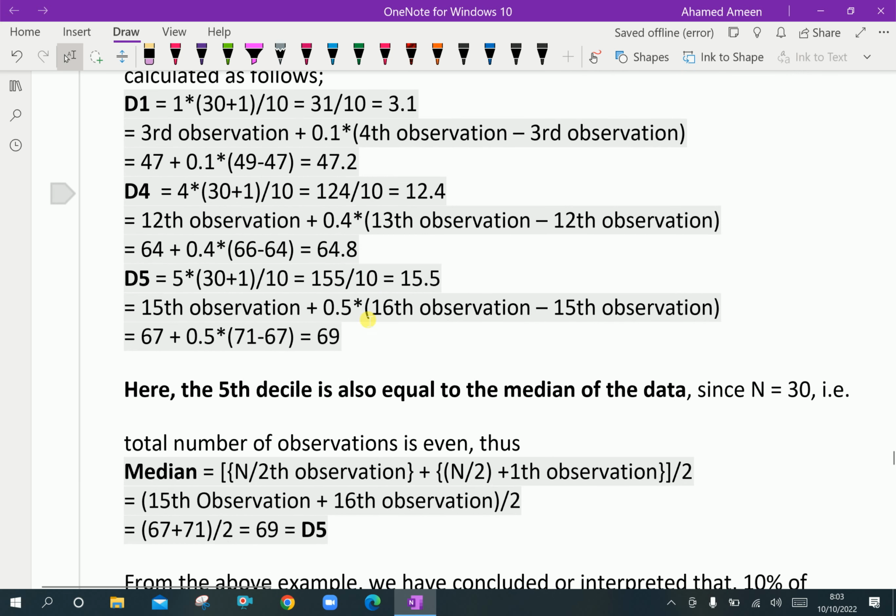Deciles we calculate like this. Note this point: the fifth decile is equal to the median of the data.